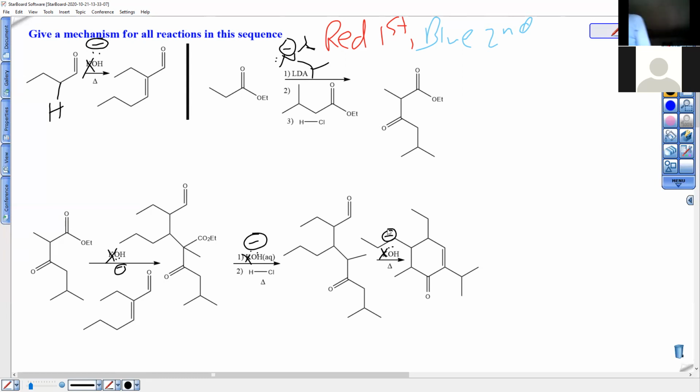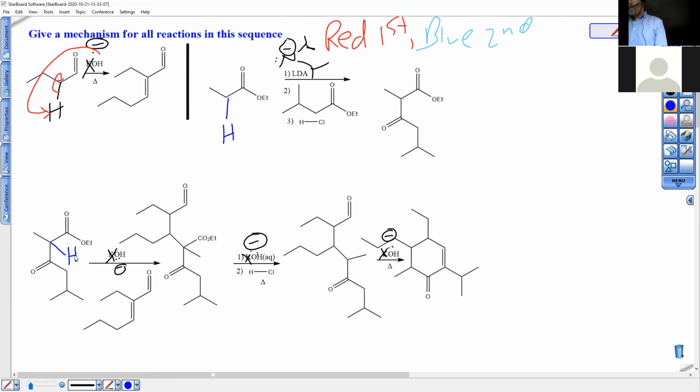Okay, hydroxide, taking an alpha H. LDA. I got blue arrow. We don't do that. LDA takes alpha H. Don't have an alpha H. Alpha to 2 carbonyls. Definitely going to take that one.